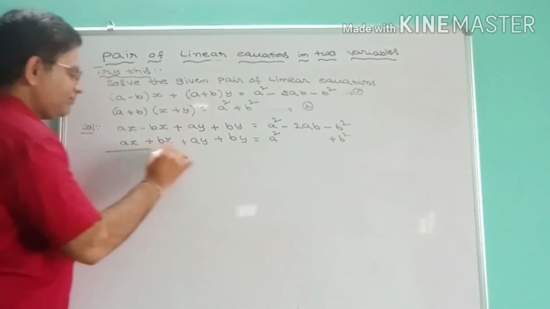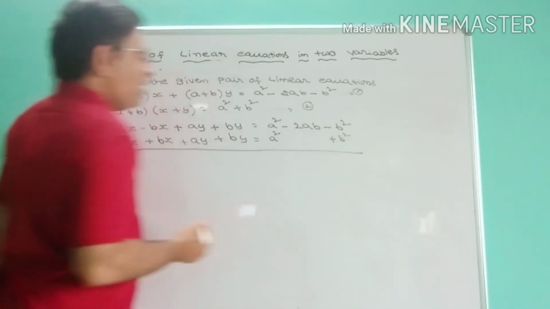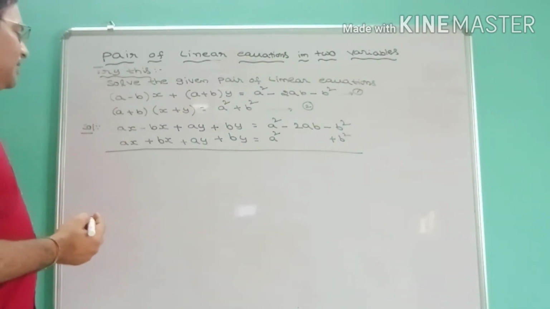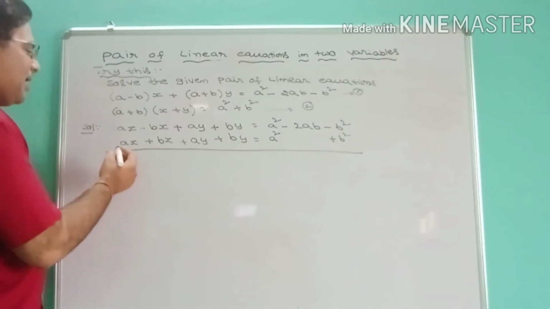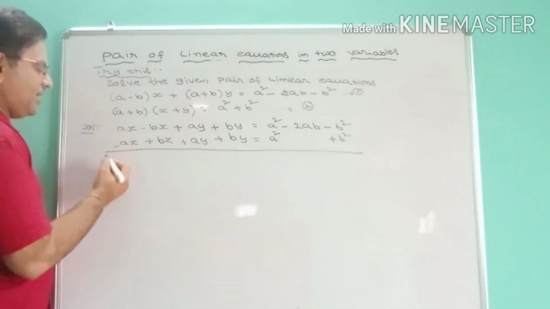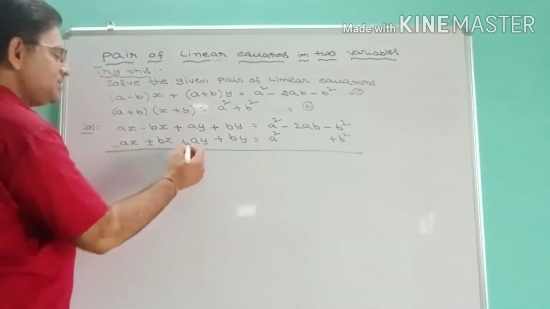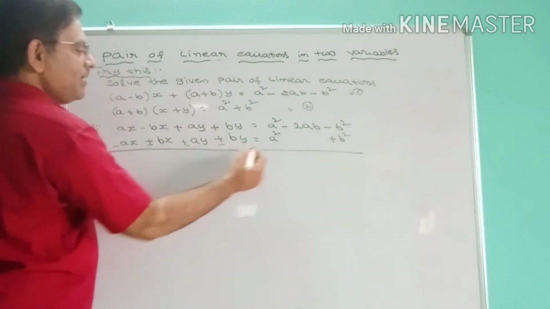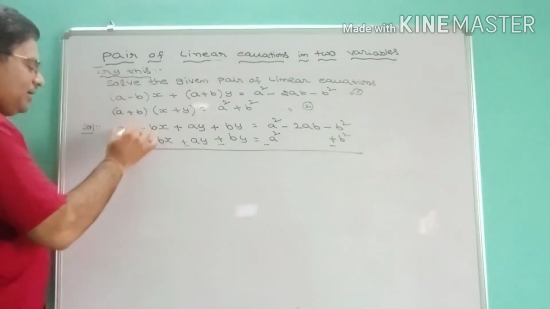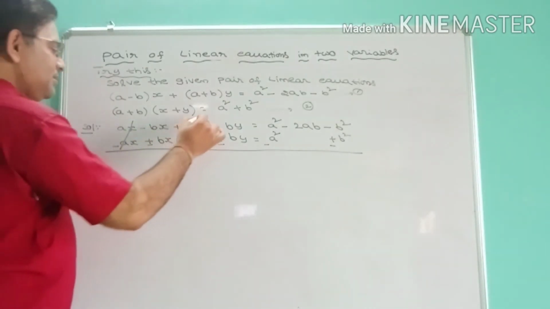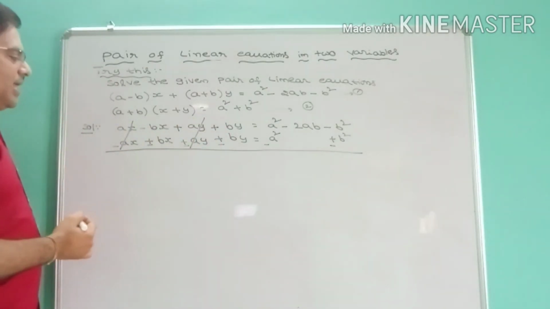Already I explained, change the symbols. Here minus, here minus, here minus, and so on. Now ax minus ax, ay minus ay get cancelled.